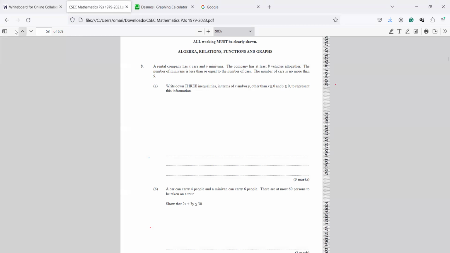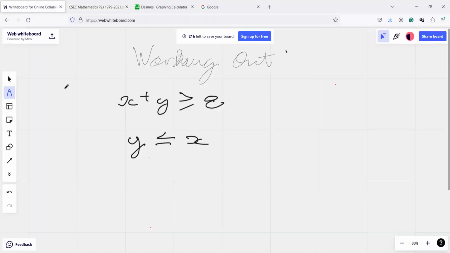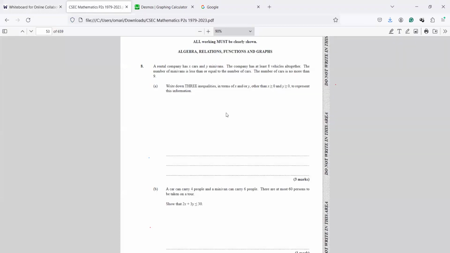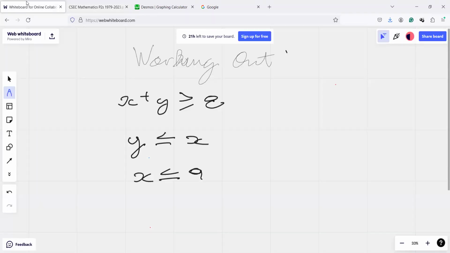So our third one is X must be less than or equal to 9. So that would have been our 3 inequalities.